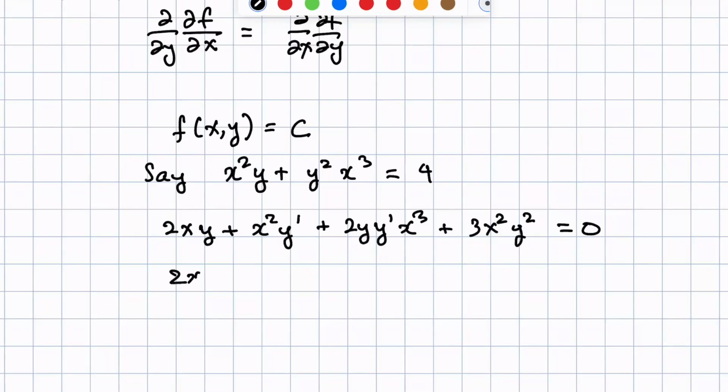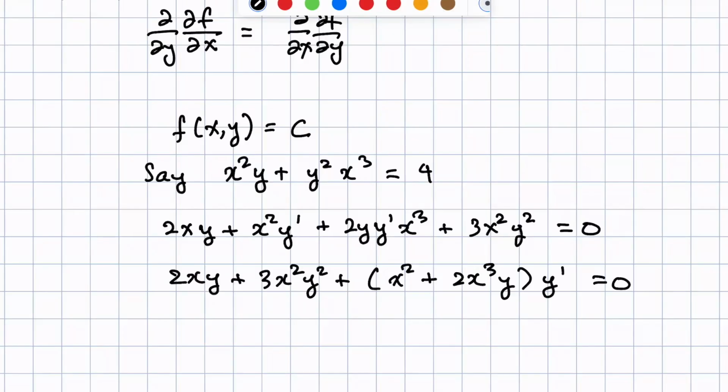And let's just group this together. So 2xy plus 3x squared y squared plus x squared plus 2x cubed y prime is equal to 0.